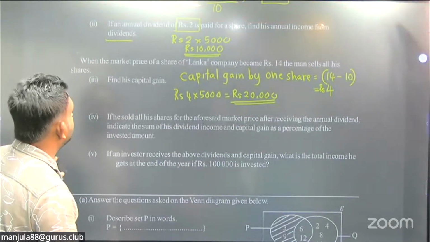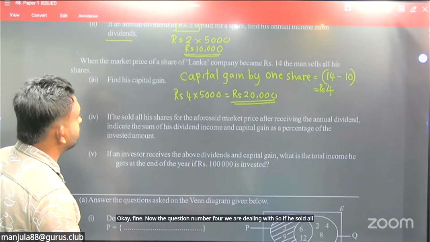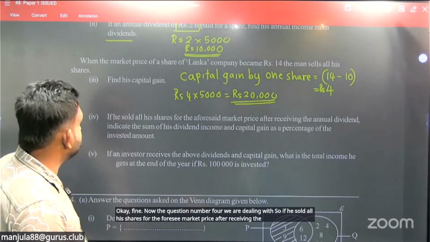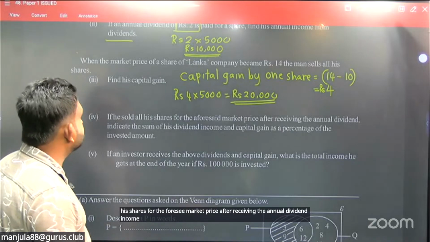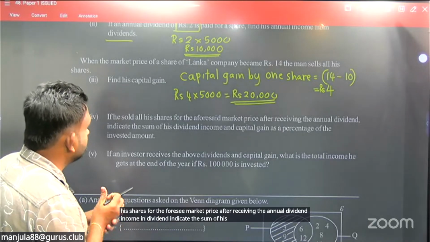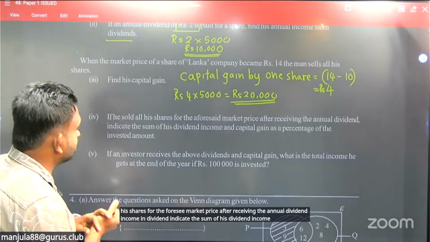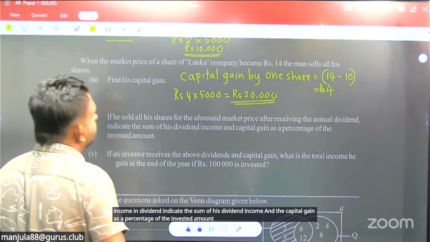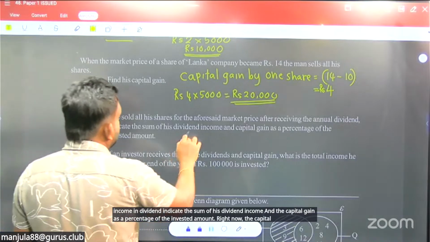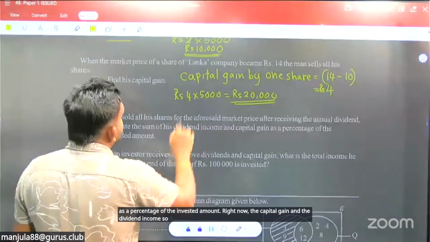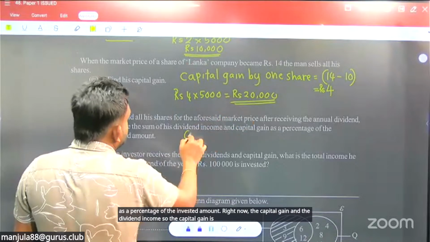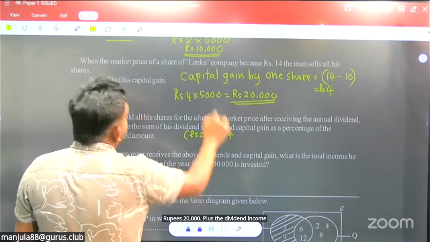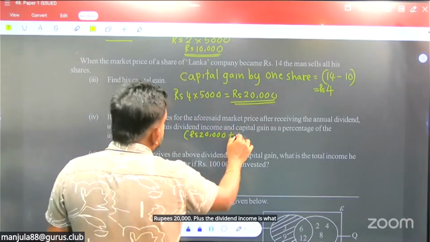If he sold all his shares at the said market price after receiving the annual dividend income, find the sum of his dividend income and the capital gain as a percentage of the invested amount. Now, the capital gain is rupees 20,000 plus the dividend income of 10,000.